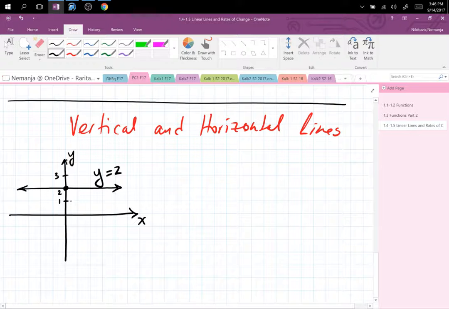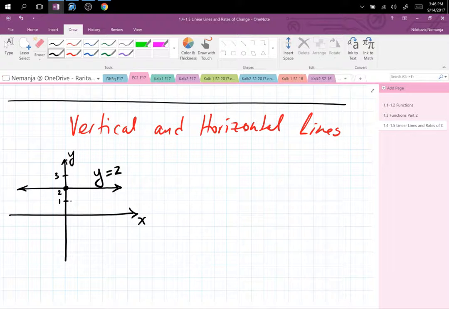Because if you look carefully, it's a horizontal line through y equals 2, and x is not mentioned in this equation whatsoever because this line takes on all values of x from negative infinity to positive infinity.